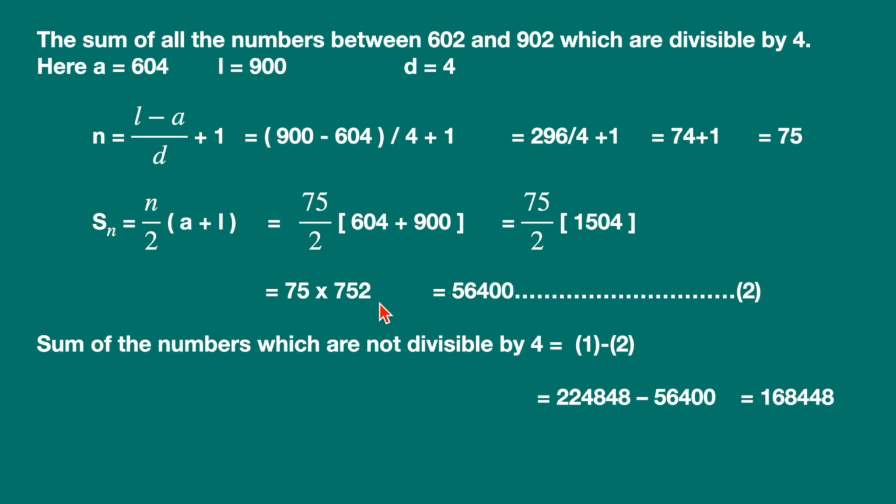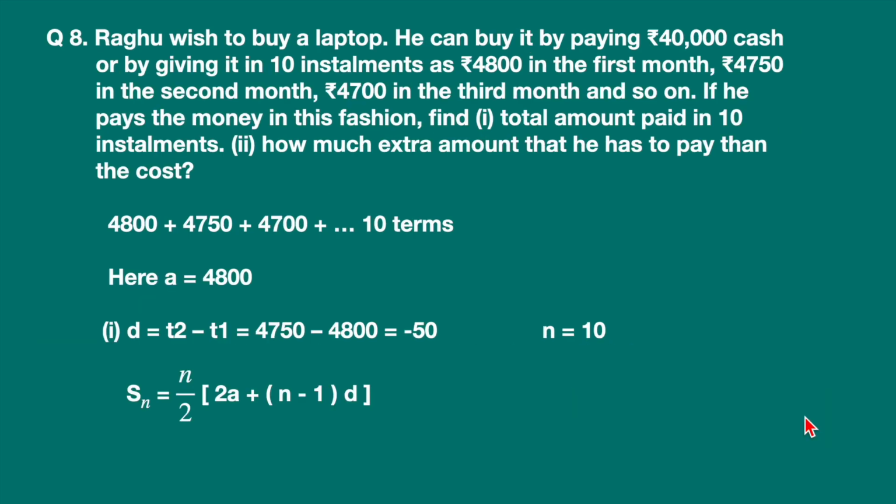The question is to find the sum of terms which are not divisible by 4. So what are we going to do? Total minus the sum of terms divisible by 4. So 2,24,848 minus 56,400 will give us 1,68,448. This is the answer.